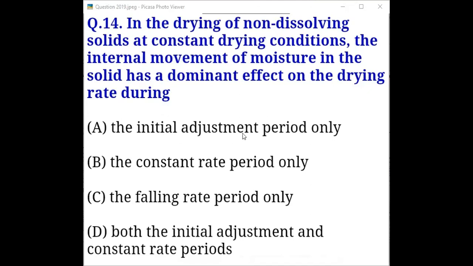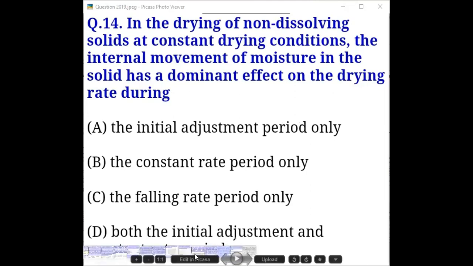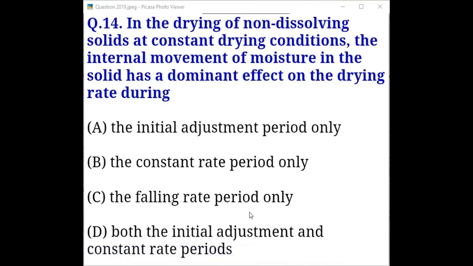Which period: initial adjustment period, constant rate period, falling rate period, or both initial adjustment and constant rate period? It means whenever the moisture is inside the solid, internal to the solid, at that time which drying rate period will be there. Can anyone guess the answer?